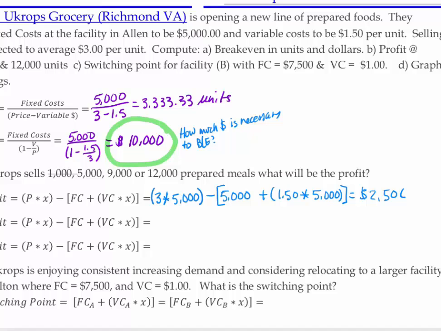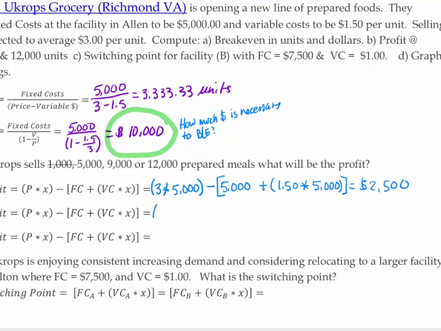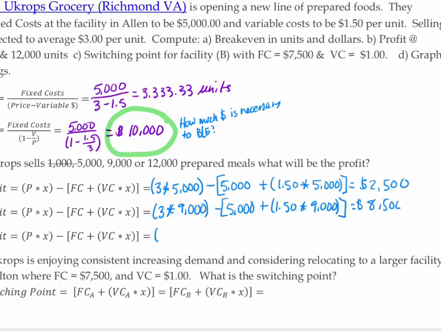Now, if we went down here to the second level, so this is if we sold 5,000, and then this one here is going to be if we sell 9,000, how much profit will we make? And so then the second level there at 9,000, we should make $8,500.